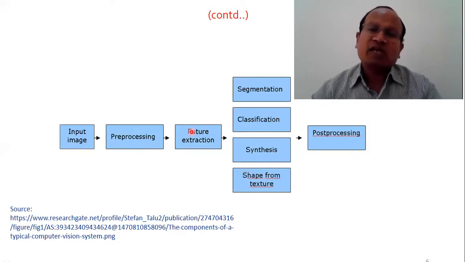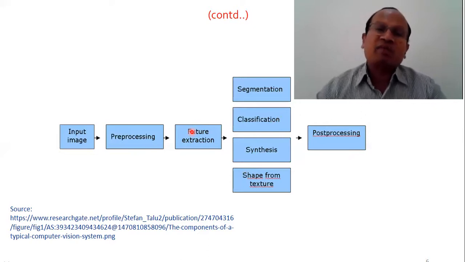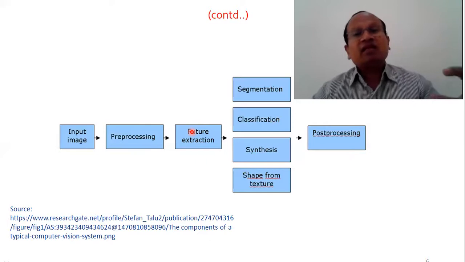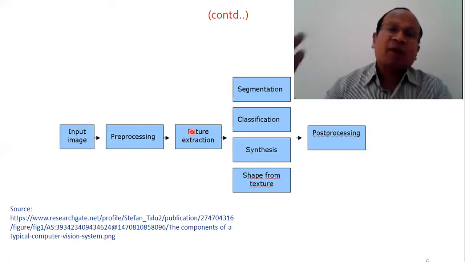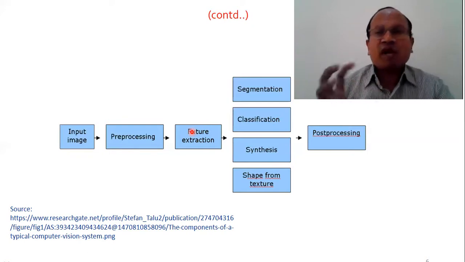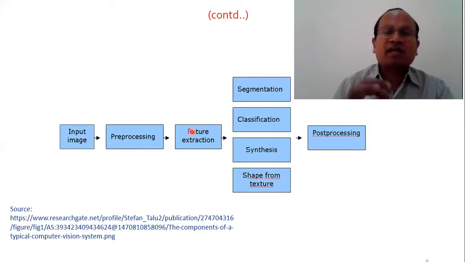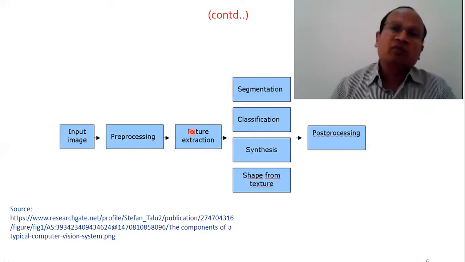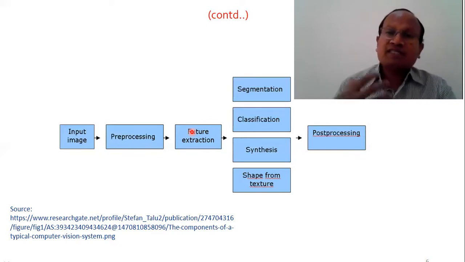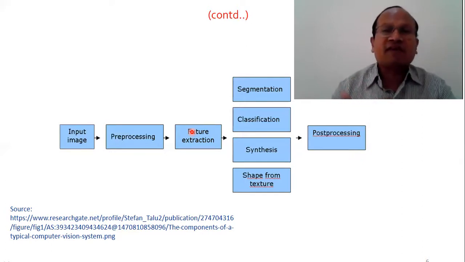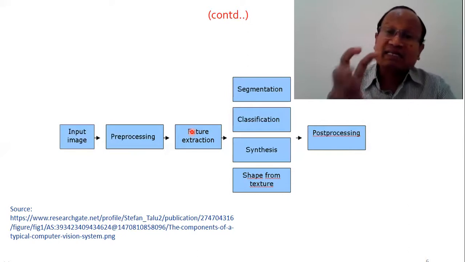From texture, we can determine the shape of the object. We can determine dimension, area, perimeter, what type of structure it looks like. Then the classification result, the segmentation result, and the parameters, maybe statistical parameters related to perimeter, area, dimension, volume, are subjected to post-processing.